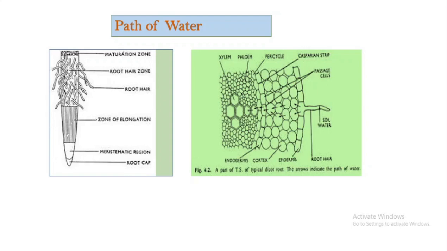During the absorption of water from soil, water enters the root hairs, passes through cortical cells and finally reaches the xylem element. This movement of water is possible only if there is a sufficient suction pressure gradient from root hairs up to xylem element.